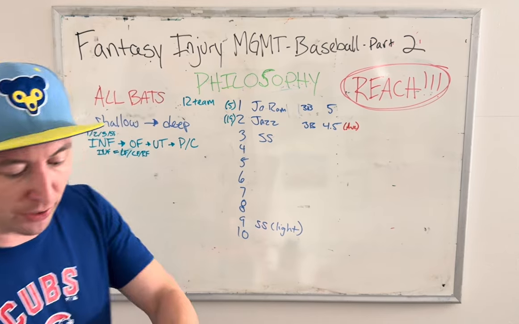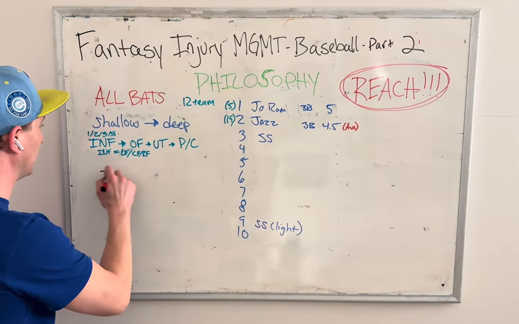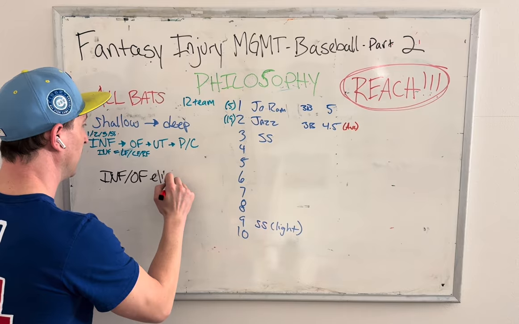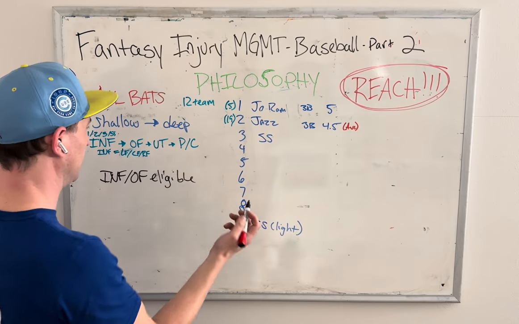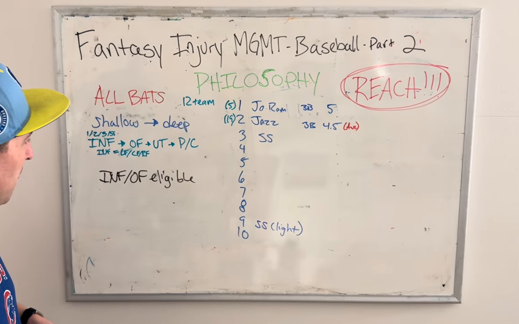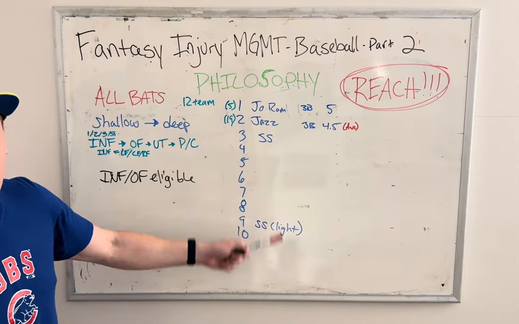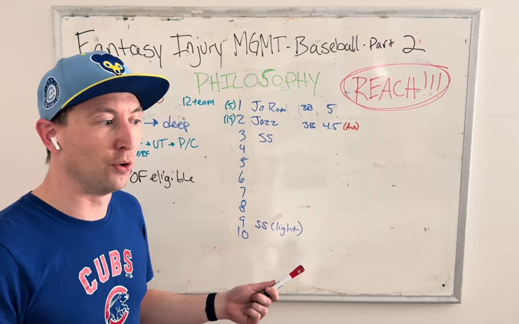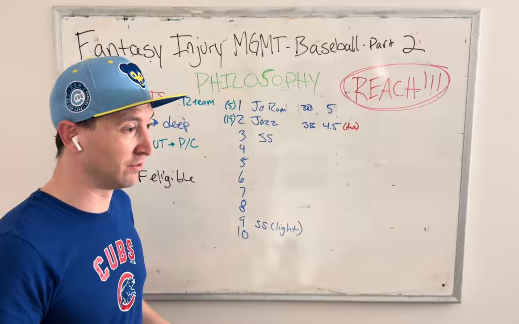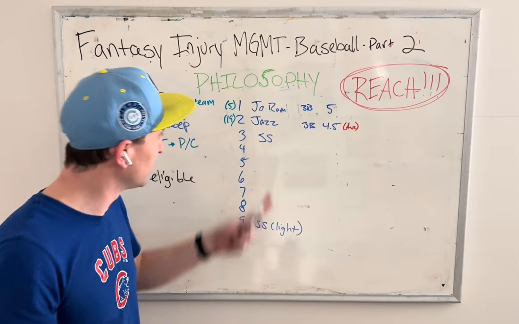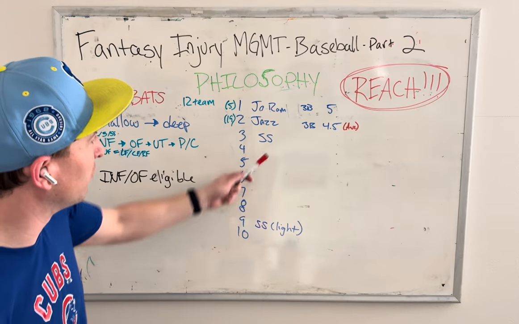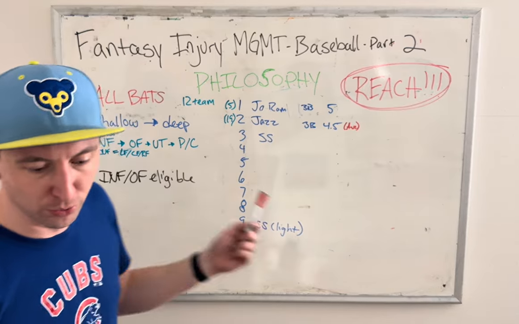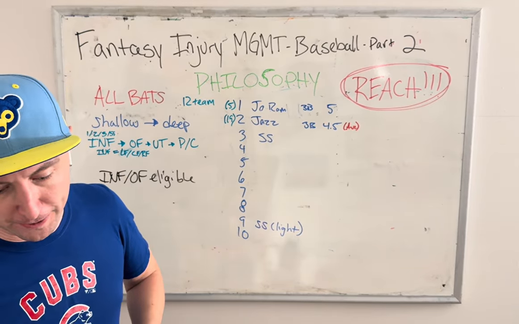Obviously, any player with infield, outfield eligibility that you can work into here as a light version, or I thought of it as Russian nesting dolls, right? One within one within one, just a lighter and lighter version of your main source of production. So we'll look into that.